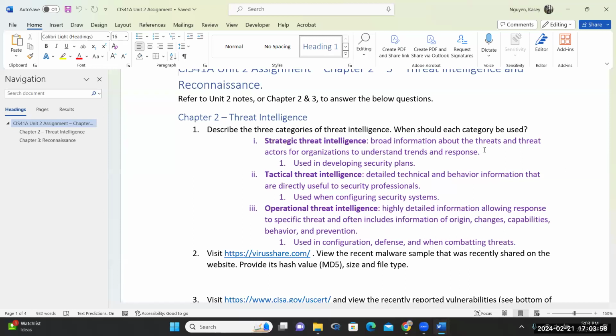That means when we're building out some of the overlapping strategies on how we can protect our infrastructure, our system, or our people, right? Overall, this is when you would implement strategies on how you would pull all the information together and build out security plans to address the gaps.